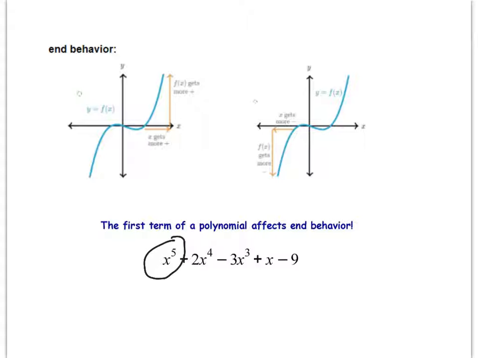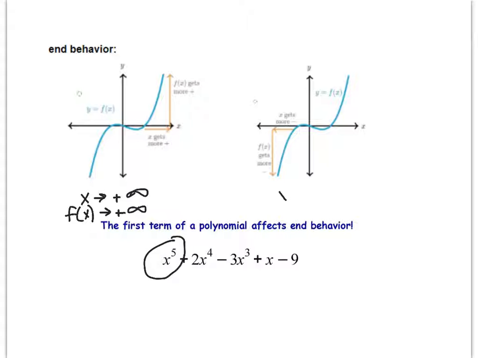Before we go on to the next term, let's go back up here. You can add this to your notes. As x goes to positive infinity, f of x goes to, and we'll just use this example here, it is also going to positive infinity.